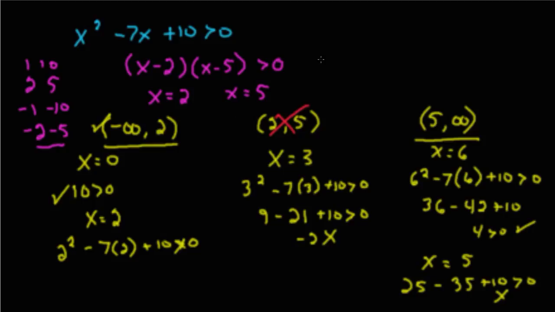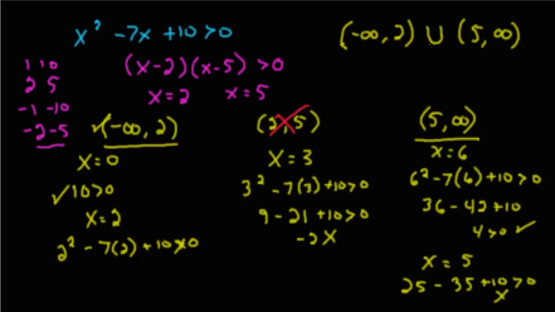So our solution set is the interval negative infinity to 2 and union, we'll draw a union here, with 5 to infinity.